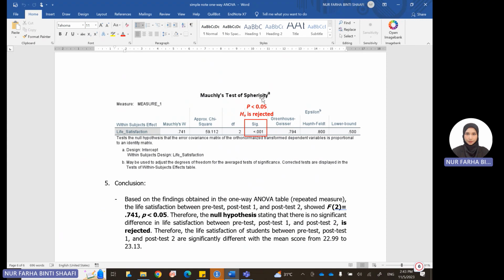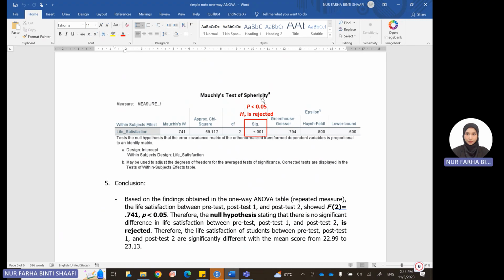Your significant value for the life satisfaction for the 3 repeated measures is less than 0.05, meaning your null hypothesis is rejected. So what does it mean? It means that there is a significant difference in life satisfaction for pre, post 1, and post 2.